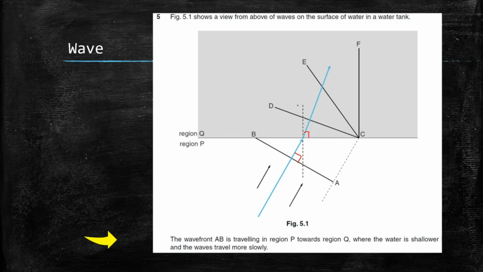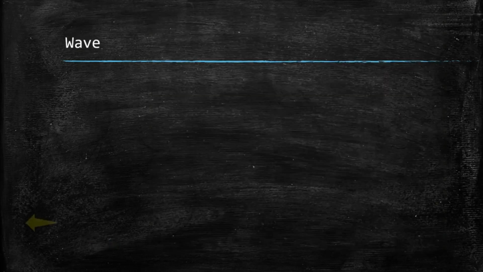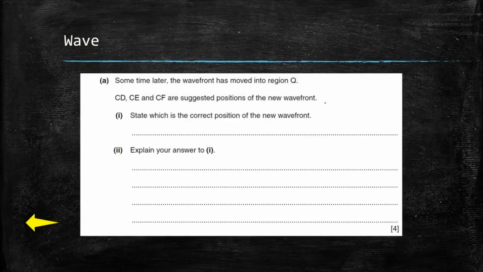Then, from the drawing, we can see that the most possible position of the new wavefront is CD, because CD form a right angle or 90 degrees angle against the direction of propagation. Let's put our answer on the provided space. This is the answer for number A I, CD.